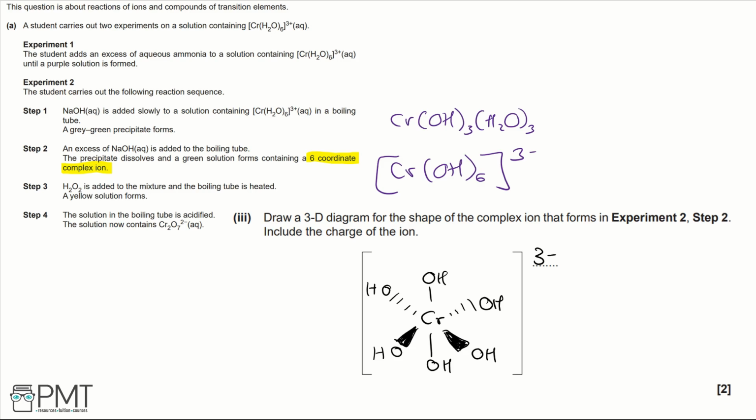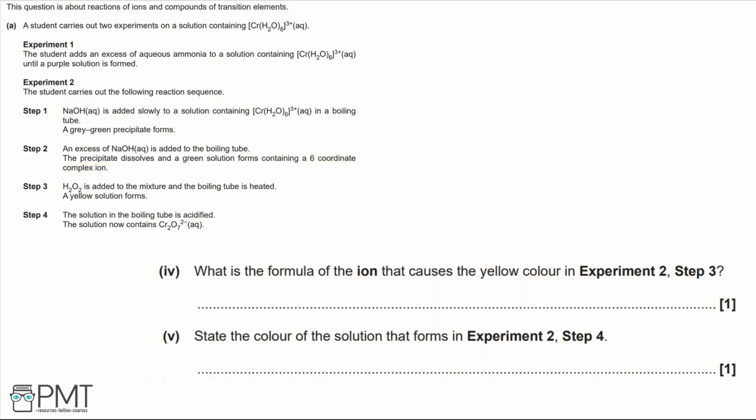To get the marks for this question, you get a mark for having the correct 3D arrangement for [Cr(OH)6]3-, and then you get your other mark for having a 3- overall charge. These 2 components get you your 2 marks for this question. Part 4. What is the formula of the ion that causes the yellow colour in experiment 2, step 3?